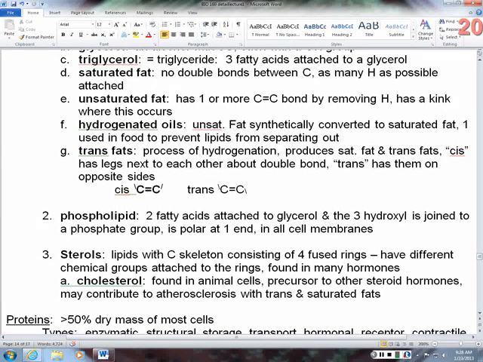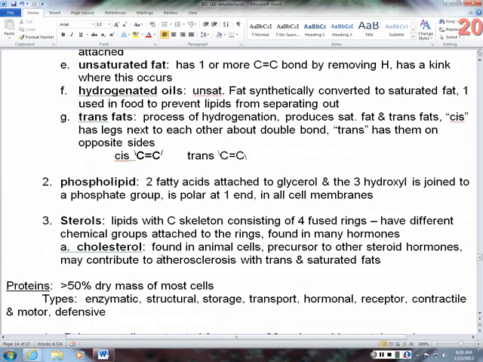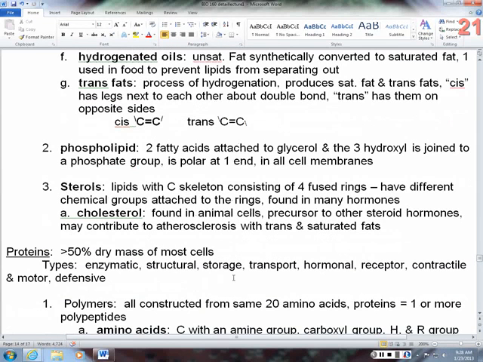And then we have sterols. These are going to be lipids that have a carbon skeleton that consists of 4 fused rings in there. And then they get different chemical groups attached to them. These are found in a lot of the hormones. When we call it a steroid hormone, it's because it's derived from a sterol. And cholesterol is just the most common of those.